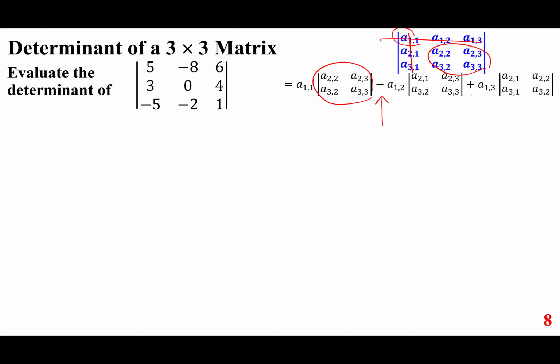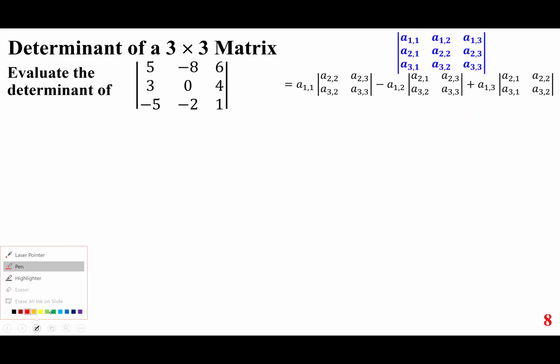I'll discuss that in a moment with a different formula. Now we cross out this row and this column, so we get A12 times what is left, the A21 and the rest. This is what you get.